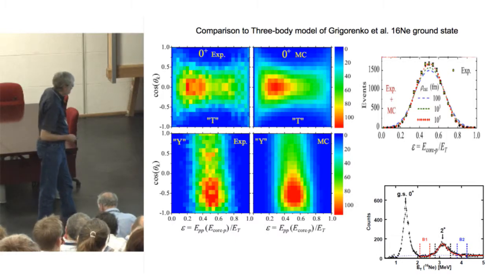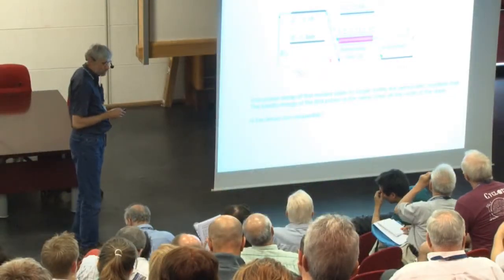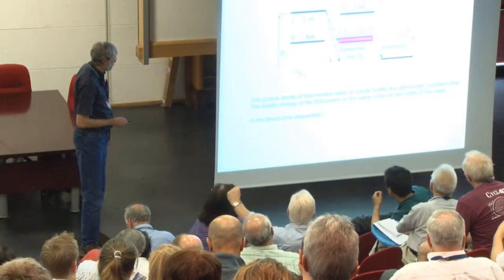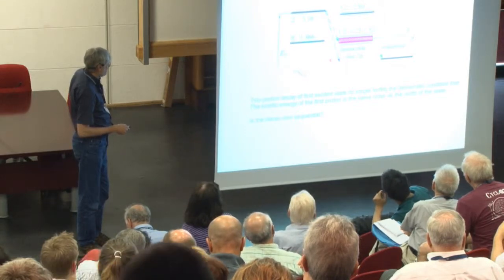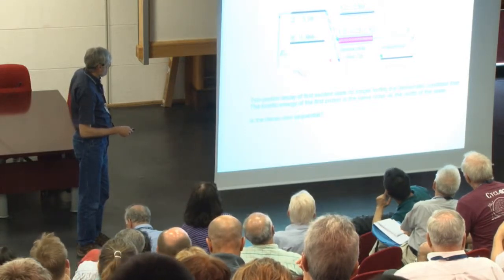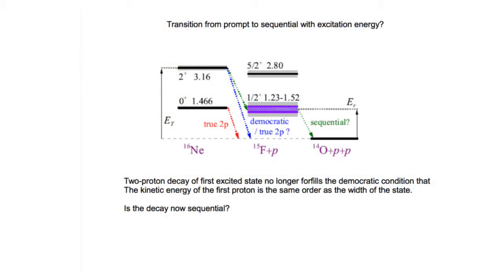Okay. Lastly, we talked about these conditions for prompt decay, right? And in this case, the neon-16 is democratic. So this is the ground state, and this is our intermediate state. It's wide, and the kinetic energy of the first emitted proton, if you think about this as sequential, is small compared to the width.